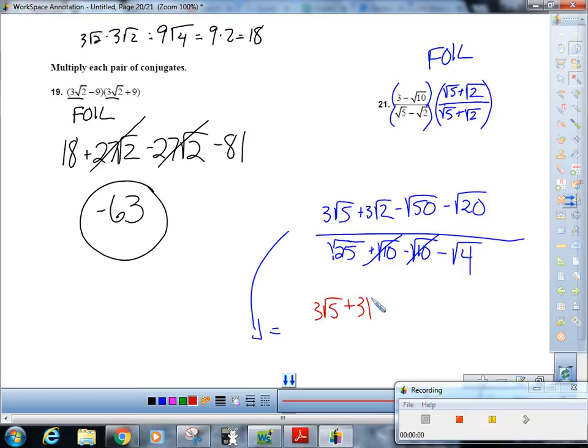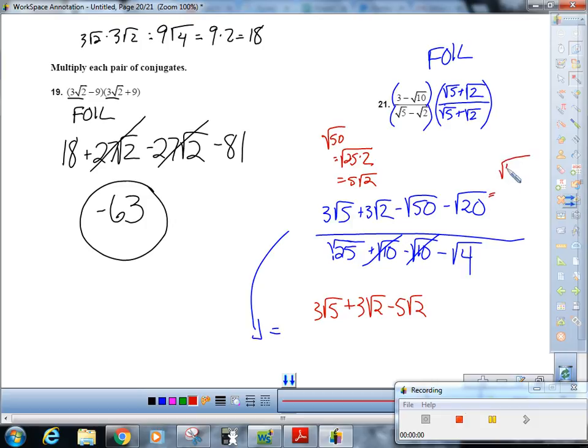Plus 3 radical 2. All right, now radical 50. That's the square root of 25 times 2. Square root of 25 is 5. 2 stays in there. So, minus 5 radical 2. Square root of 20.